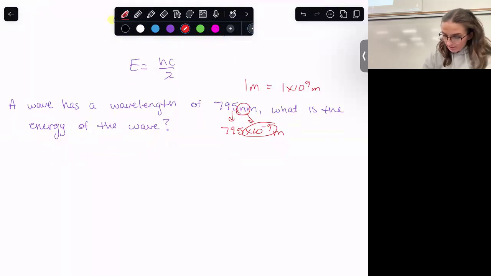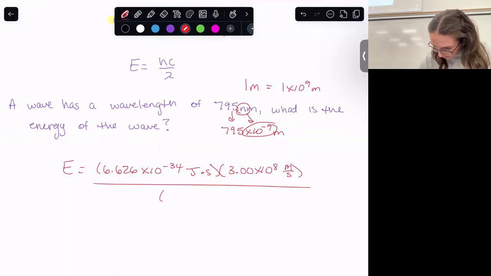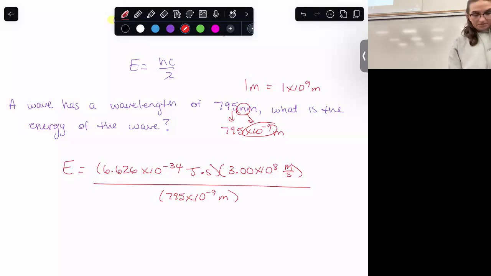So if you were to solve this, and do notice that your units all cancel out. You have seconds that cancel out, and then your meters cancel out.